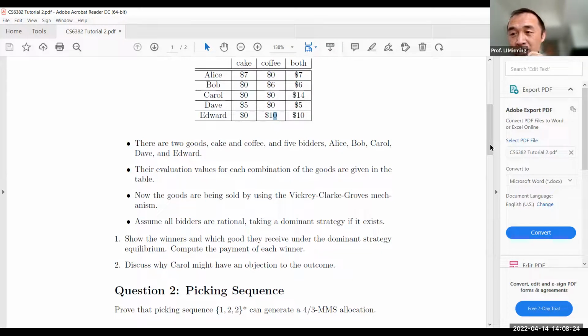So that's why we say the VCG solution may not be in the core, and this is one disadvantage of the VCG mechanism. Okay, any questions?